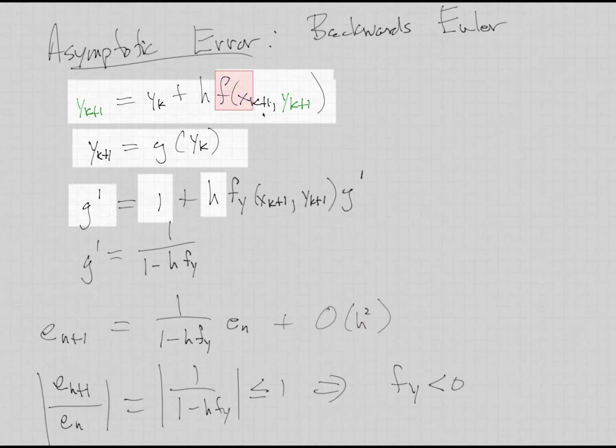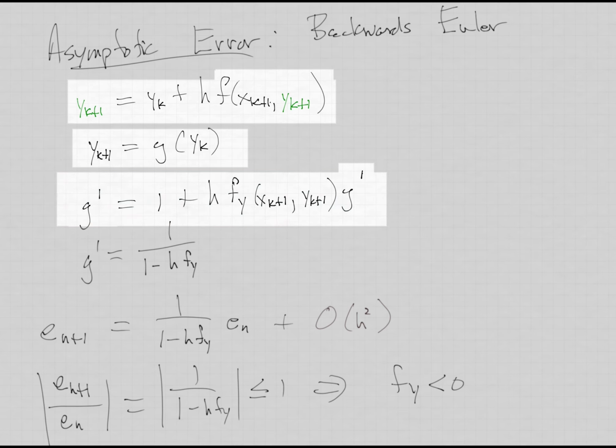So this term depends on y sub k only through its second argument, and therefore to differentiate this factor with respect to y sub k, we take the derivative of f with respect to its second argument, which is f sub y, evaluated at the same point, and then multiply by the derivative of y sub k plus 1, which, as we saw, is g prime.